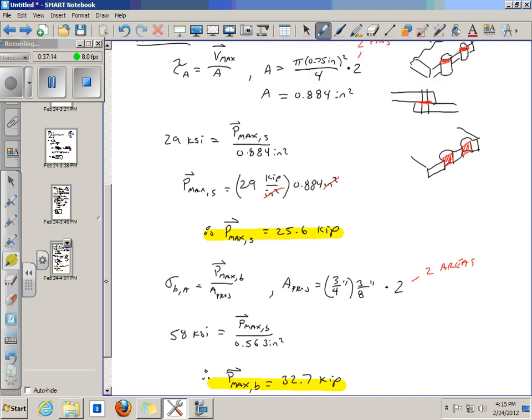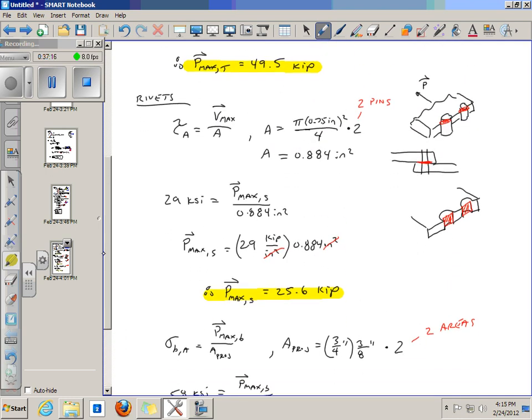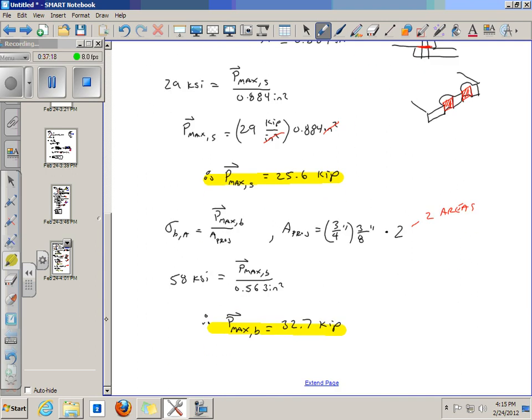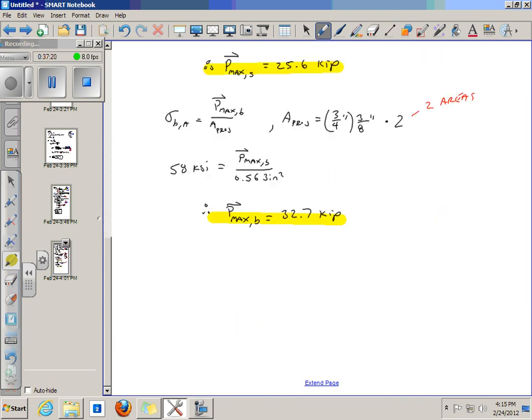So if we want to make sure it's not going to fail in tension, shear, or bearing, we compare those three values, P max in tension, P max in shear, and P max in bearing, and use the lowest value.